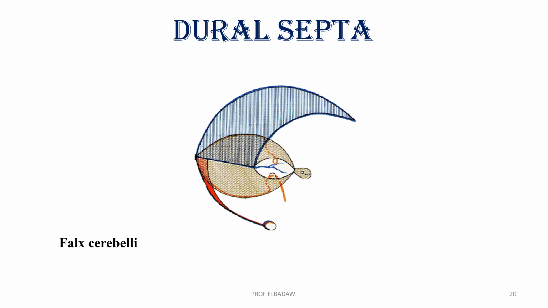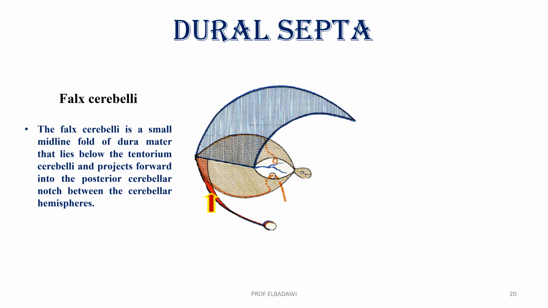That is the dural septa here, which we had in that diagram before. The falx cerebelli, this one here, is a small midline fold between the two hemispheres of the cerebellum. It bulges in the posterior cerebellar notch on the back of the cerebellum. Along its free border is the occipital sinus, and being very small, it could be along the attached border also, to end in the straight sinus over here.